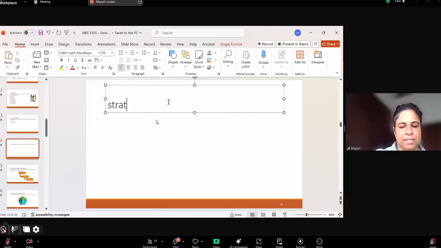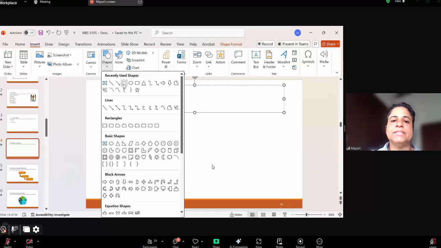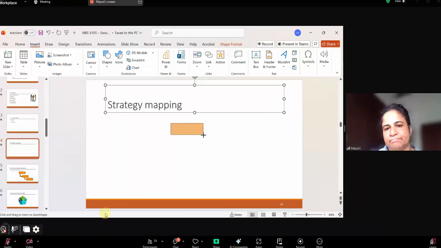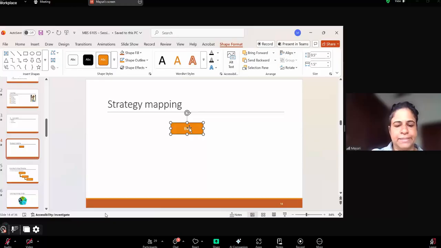In strategy mapping, what we generally do is we have our business strategy at the top. So this is your business level, your overall strategy.